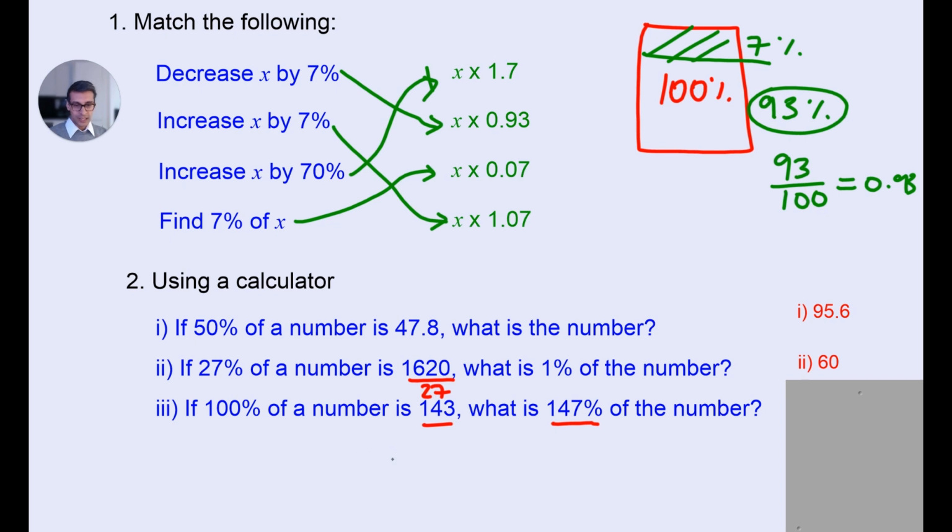Well, if you have a calculator, you're basically working out a 47% increase. So it's going to be 143 times 1.47. And that should give you 210.21.